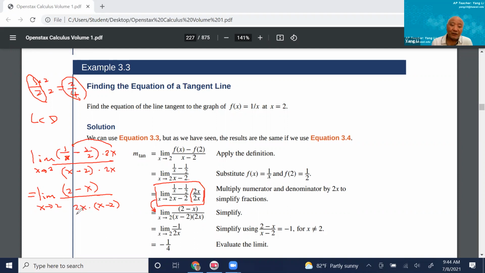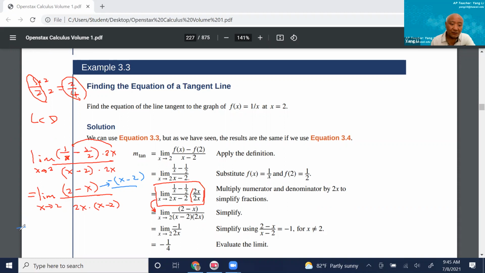So what you can do is this. You can go by the top part. The strategy here is this: this part you can write as negative (x minus 2). That's the key part. We do some kind of algebra substitution. The reason for that is we want to simplify, okay?